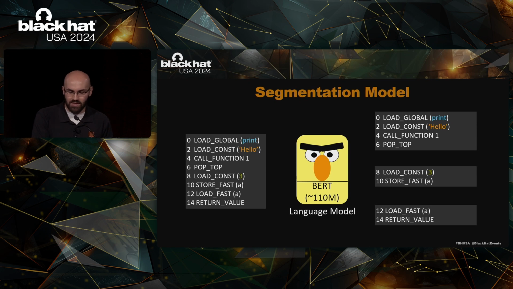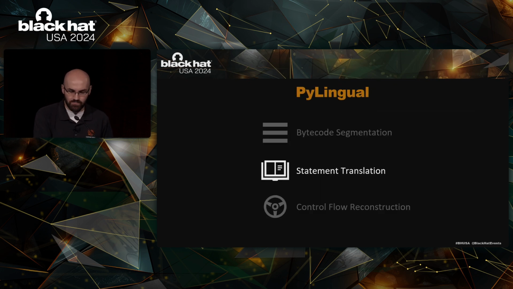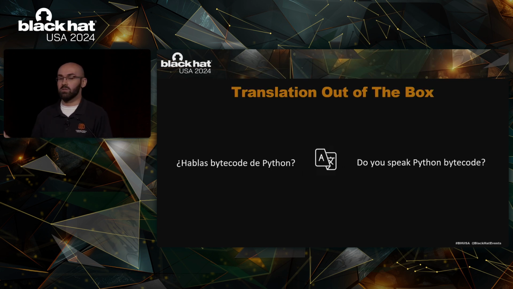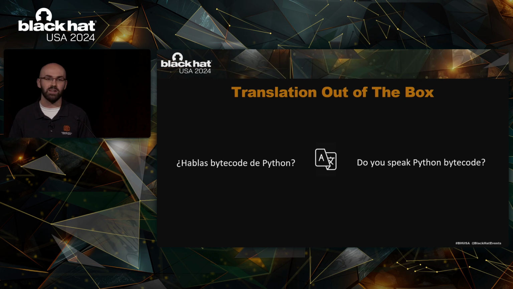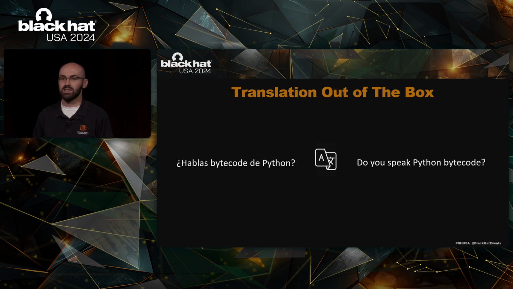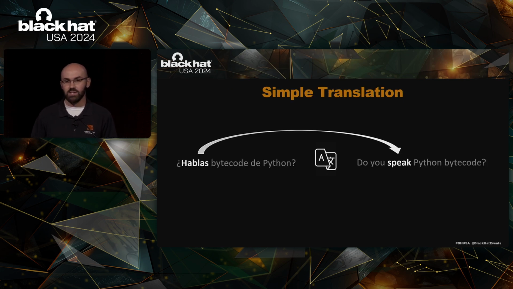So now that we have these statement-level chunks, we can translate them into source code. To do this, we're going to borrow, out of the box, techniques from natural language processing, since translation has been studied there as a core problem for many years. And there's a lot of subtasks that are shared between code translation and natural language translation. You have simple translation, where words are directly translated one for one.